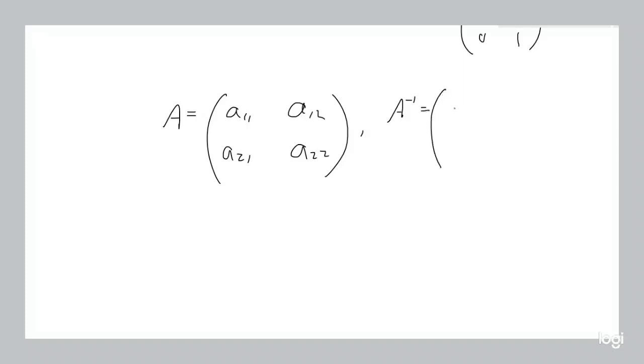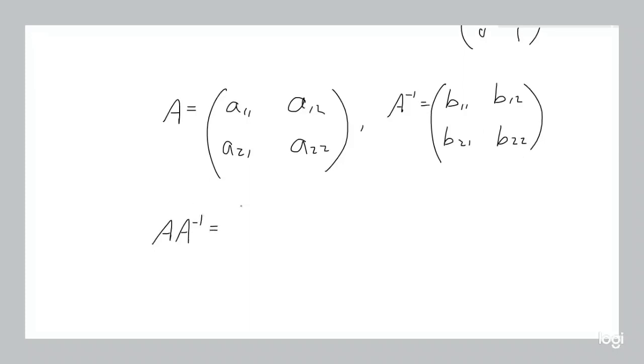Let's say A equals A11, A12, A21, and A22, and A inverse we're going to call B11, B12, B21, and B22. So A times A inverse should equal the identity matrix: 1, 0, 0, 1.